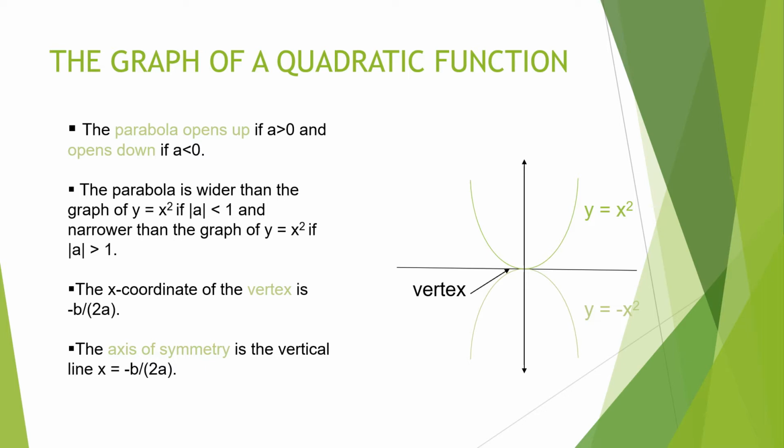So it means that the axis of symmetry is also the same as the x-coordinate of the vertex. So if you want to solve for the axis of symmetry, you can use the formula negative b over 2a. Why? Because the x-coordinate of the vertex is the same as the axis of symmetry.